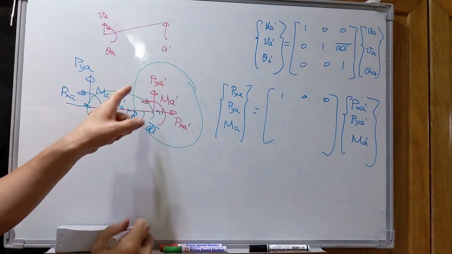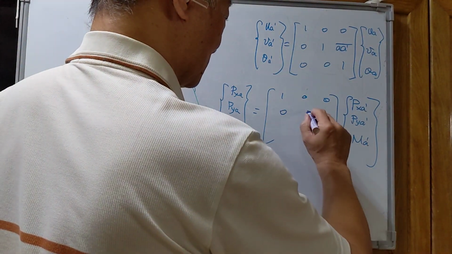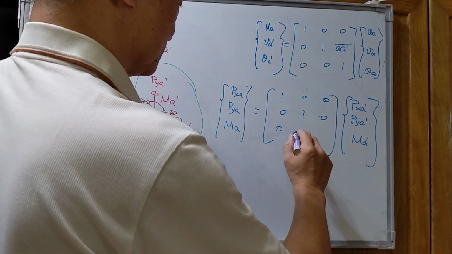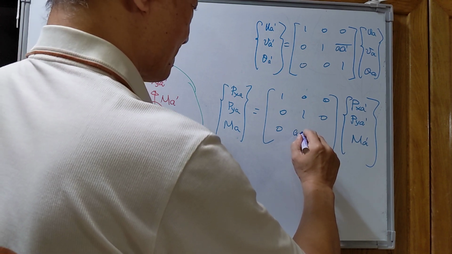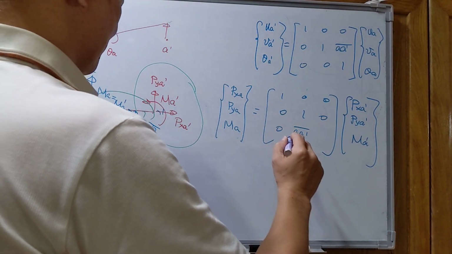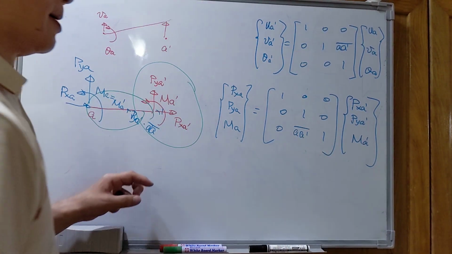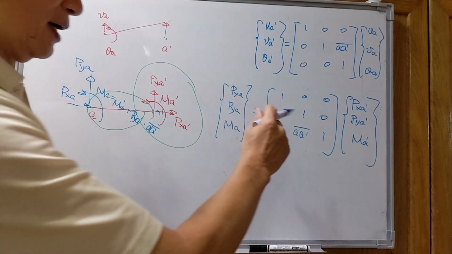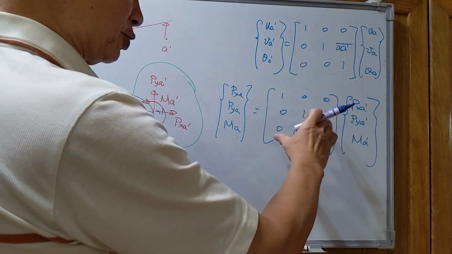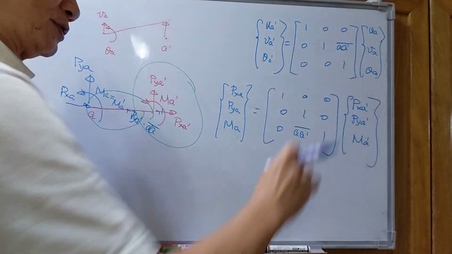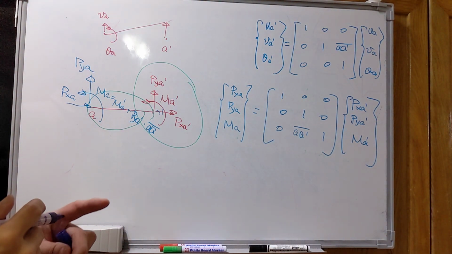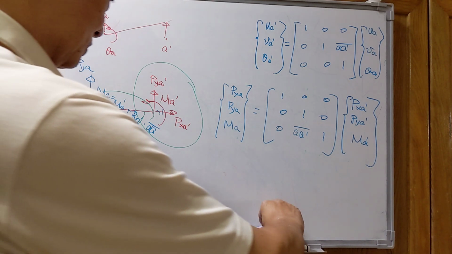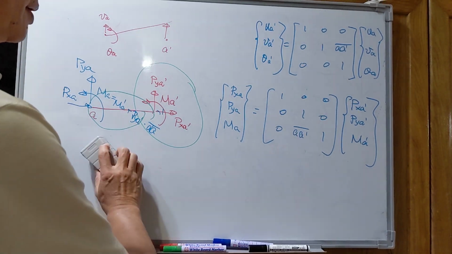And the PYA is also equal to PYA prime. And for this one, this is 0, 1, AA prime. Okay, so that's the force transformation matrix, which is just the transpose of the displacement relationship, that is, the transformation of the displacement. The transpose. Okay.